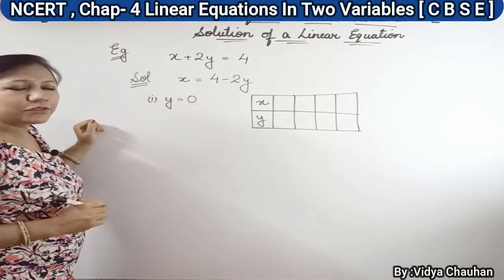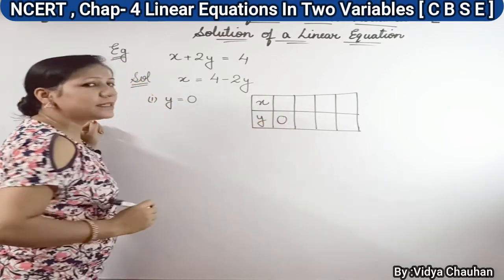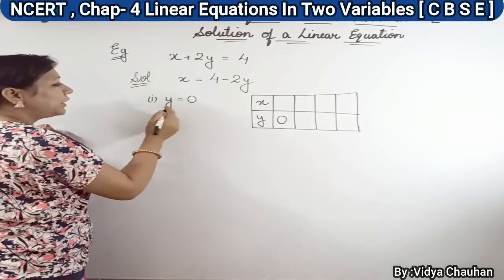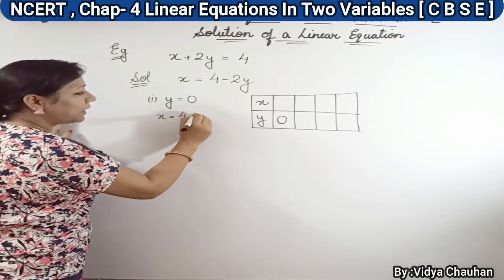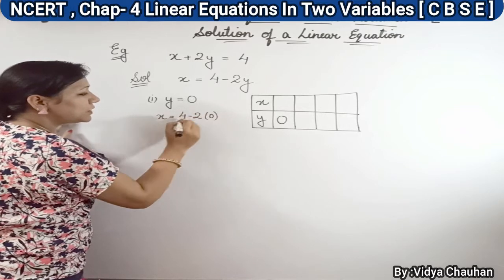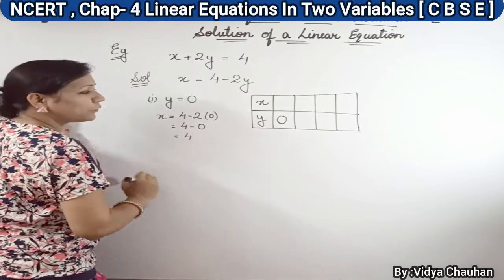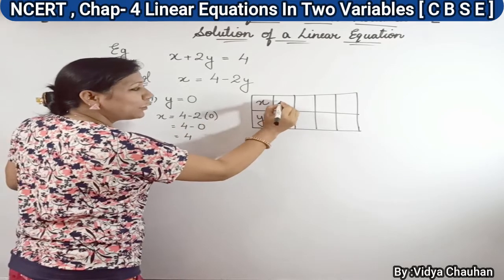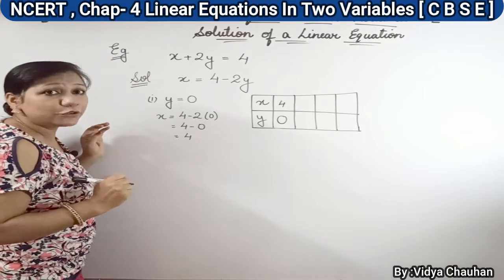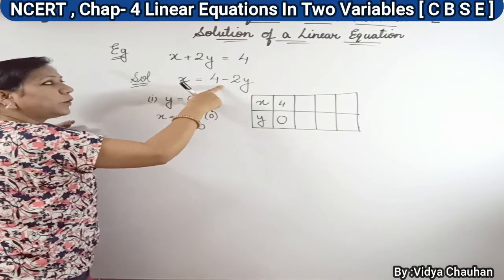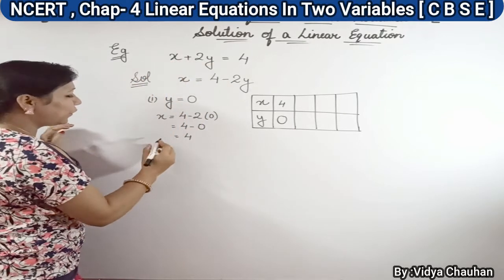So x equals 4 minus 2 into 0, that is 4 minus 0, so the answer is 4. When y is 0, the value of x is 4. This is our first solution.